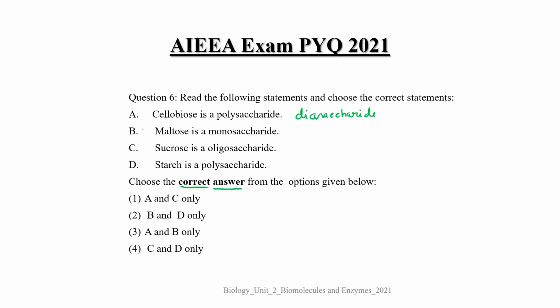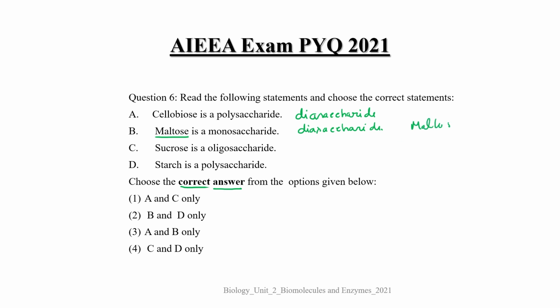Similarly, choice number B, they have mentioned that maltose is a monosaccharide. This maltose is again a disaccharide. If we hydrolyze this maltose, it will break down into 2 monomer units of glucose.